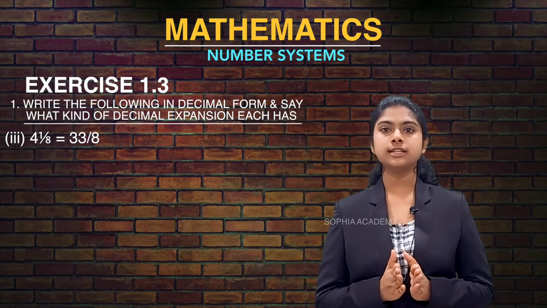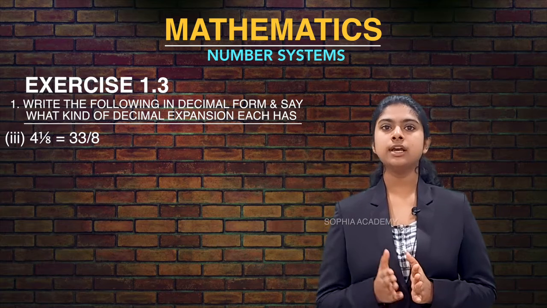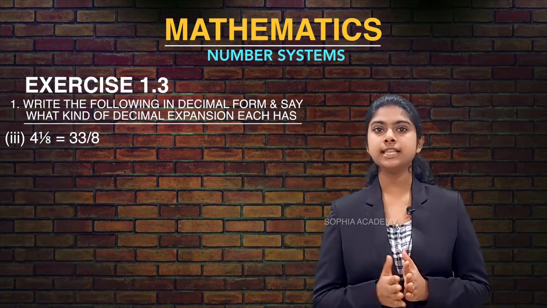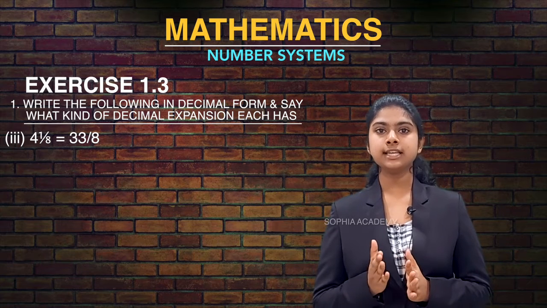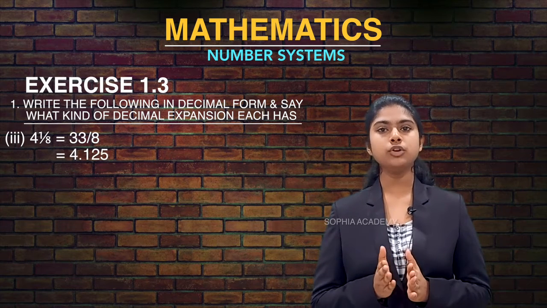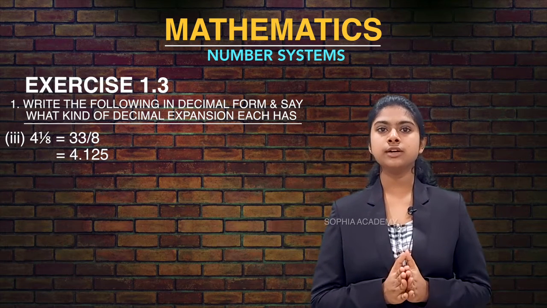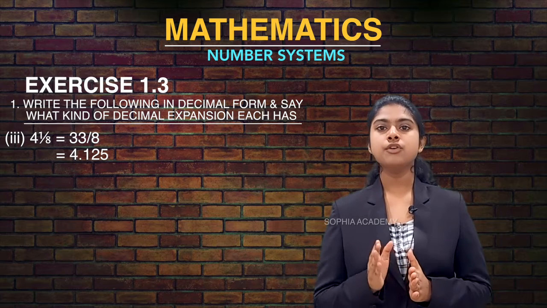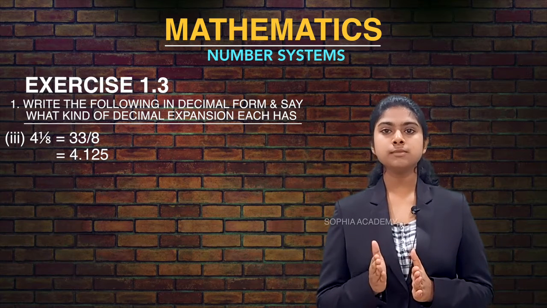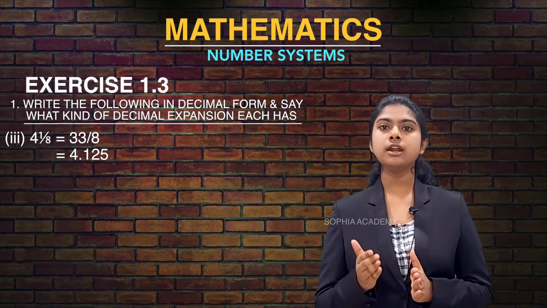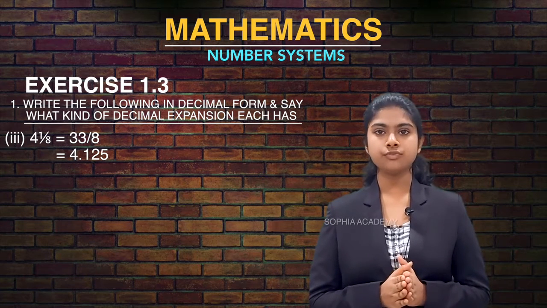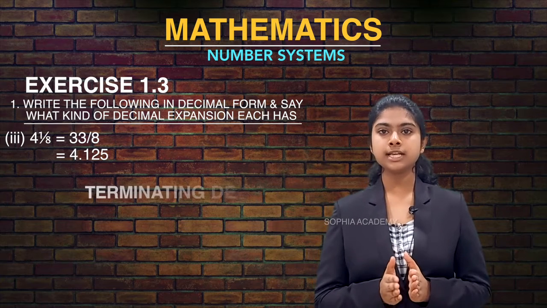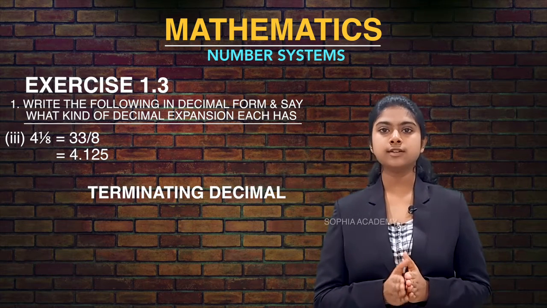On dividing 33 by 8 using long division, we see that the decimal expansion of 4 1 by 8, that is 33 by 8, is 4.125, and the kind of decimal expansion is terminating, because 4.125 comes to an end when the remainder comes to 0.